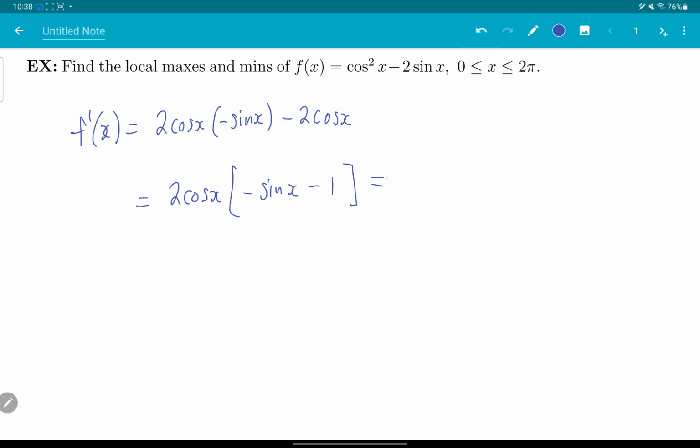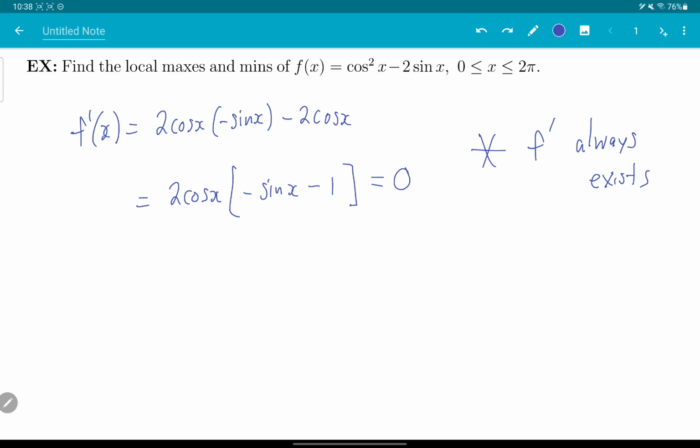So I want to find the critical numbers. So I set this equal to 0. I should notice that f prime always exists because sine and cos both always exist. There's no denominator issue here.